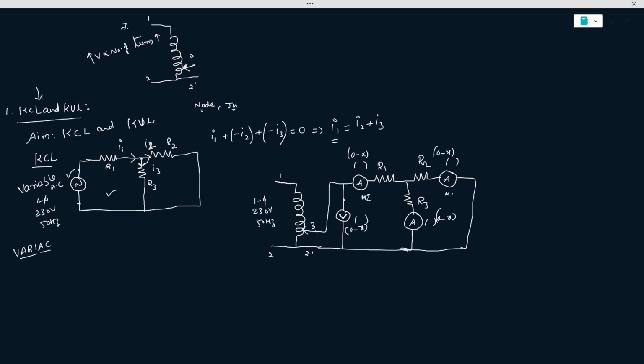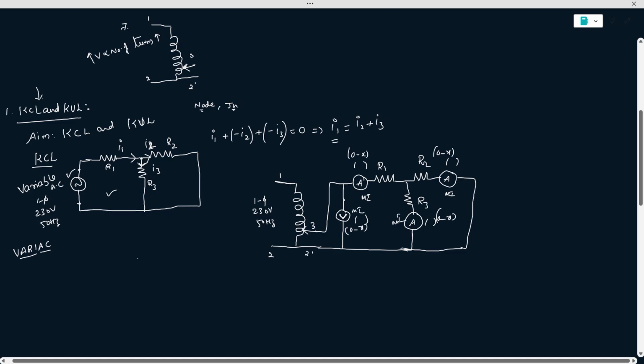We need to mention MI here, and this is also MI, and here also MI. MI means moving iron meters. Moving iron meters are used to measure AC voltages or AC currents. So this is our final circuit, the final experimental setup to conduct our experiment in the laboratory.